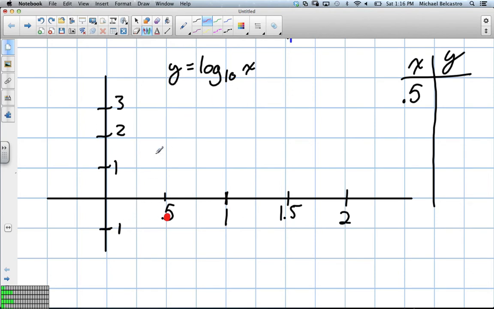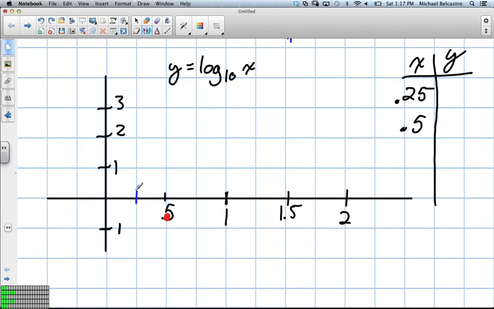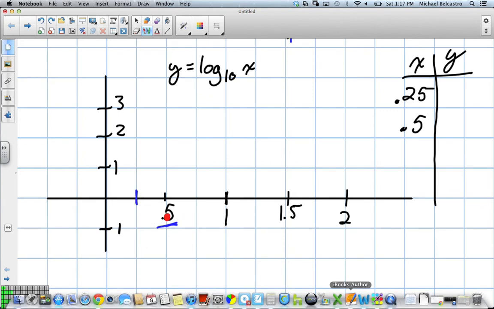And the more we go down, another one we might want to look at, since I have room on the map, I'll move this down. We'll look at 0.25, just a little before that, to see what kind of difference there is. So we'll also look at 0.25, which would be roughly here on the graph. Since this is 0.5, this must be 0.25. So we'll plug that into our calculator.